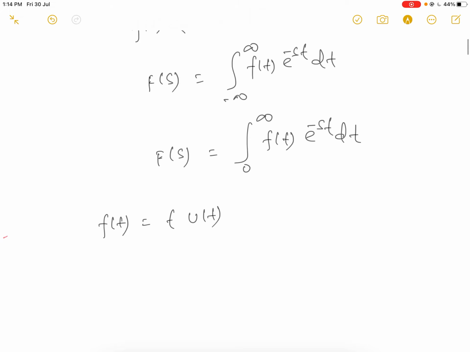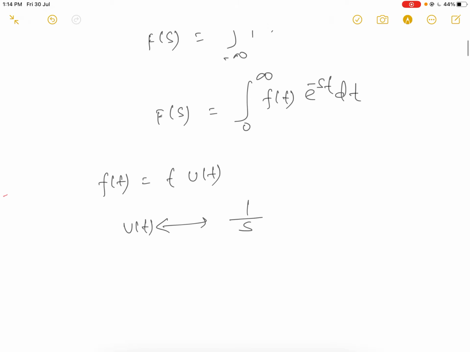Now, when you take the signal f(t) equal to t u(t), first this is the scaling property. We know the Laplace transform of u(t) is 1/s. How can we say that? Find F(s) equal to the integral from 0 to infinity of u(t) e^(-st) dt, and u(t) is defined from 0 to infinity.